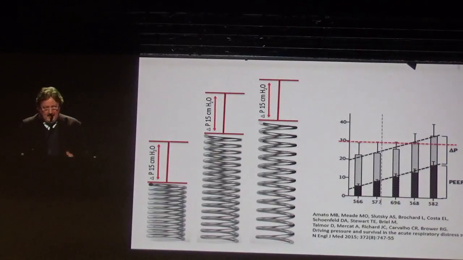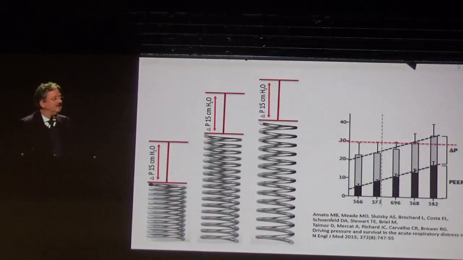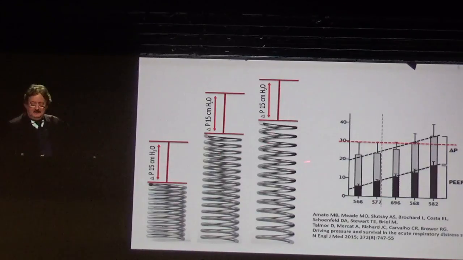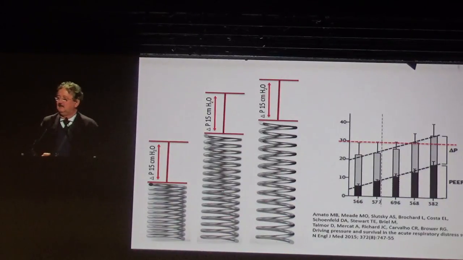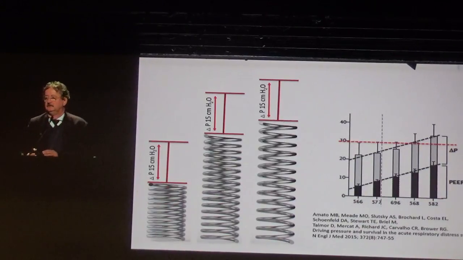Just to make you aware where my concerns are, imagine the lung as a syringe, which is extended by the positive end-expiratory pressure. You would agree with me from physics that it makes a difference if you apply a delta pressure of 15 at a quite extended spring, or if you do it at a spring which is quite close to its zero level.